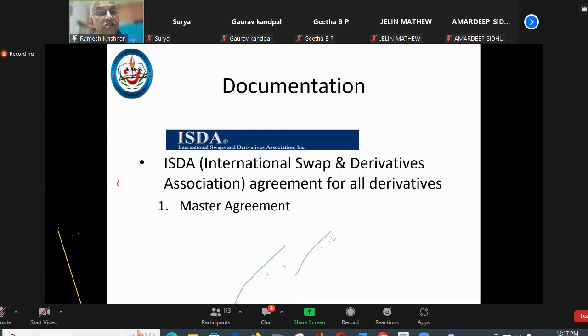We don't know the laws there. Suppose the jurisdiction is US. So like this, you will ask questions. All that can be customized in a schedule to the master. Nobody touches anything in the master agreement, but they can change anything they want in the schedule, notwithstanding whatever is contained in the master agreement. If you write there in the schedule that the jurisdiction will be the courts of India, then it becomes India jurisdiction.